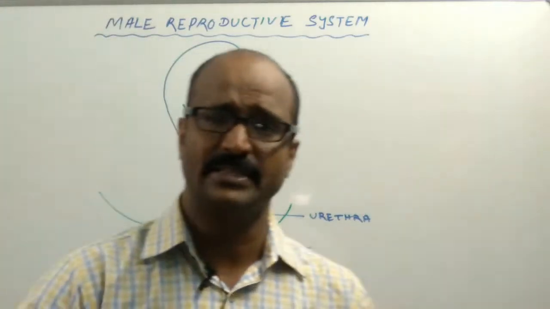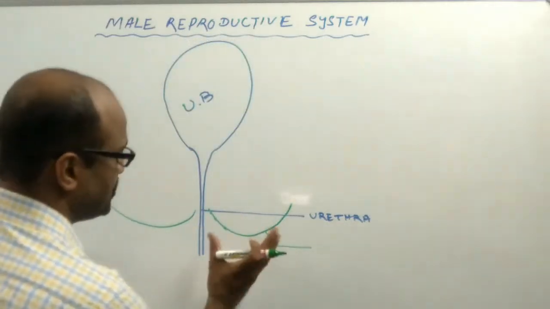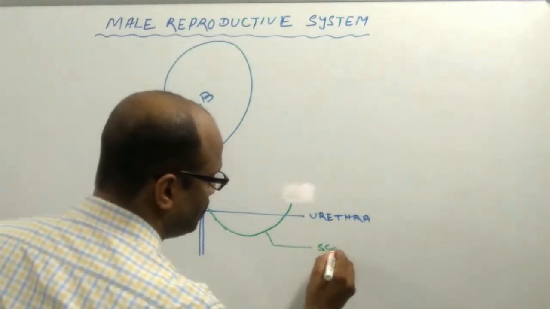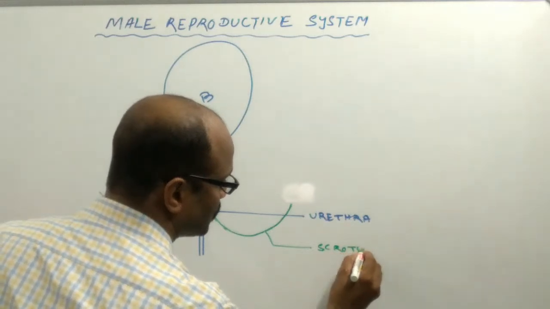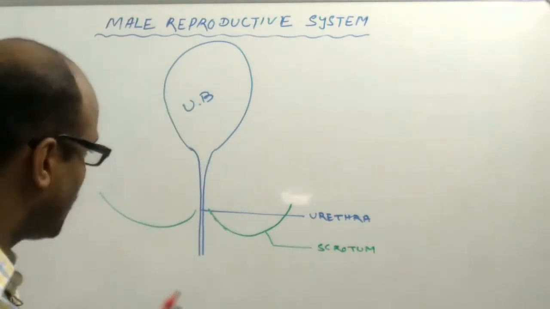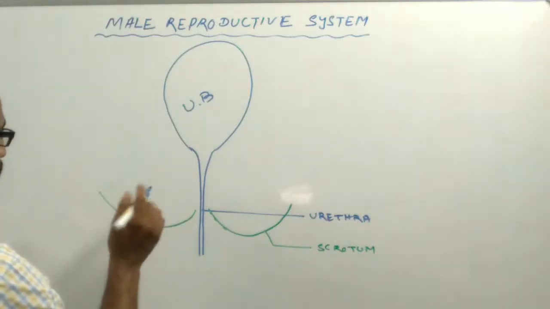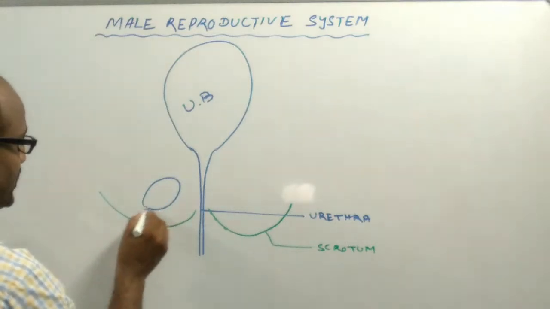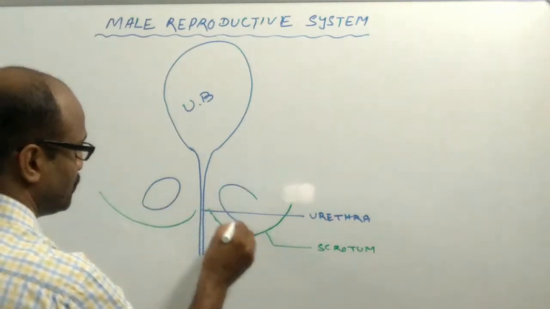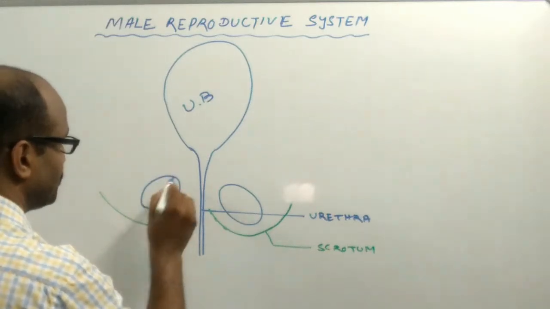It means that it is present outside the abdominal cavity, and this sac is known as the scrotum. So this is the scrotum, which hangs between the two thighs, and inside the scrotum there is the testis. So suppose that this is the pair of testes.